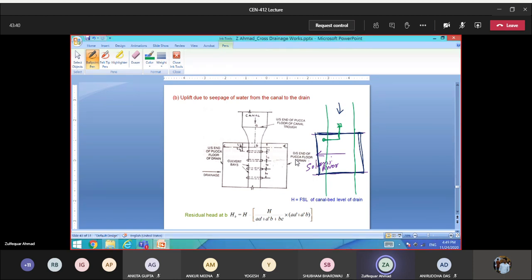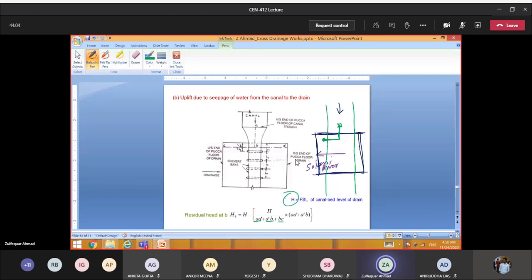So you can see here, this is A to B and B to C, and A to A is going down. So the length here is A to A', then A' to B lateral, and then B to C. And how much is the head difference? The head difference is whatever the water level of the canal is.